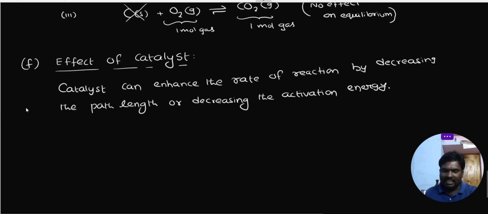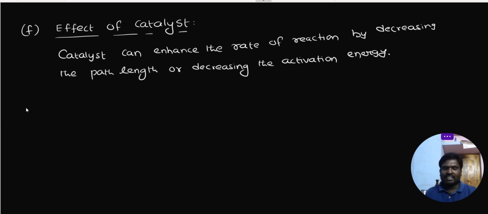That is catalyst. What is the use of a catalyst? A catalyst can enhance the rate of reaction by decreasing the activation energy or path length. But a catalyst cannot affect the equilibrium system. Why? Very, very important.